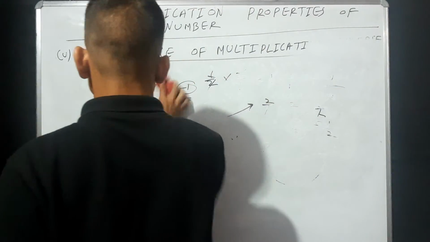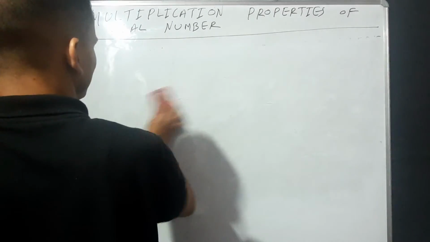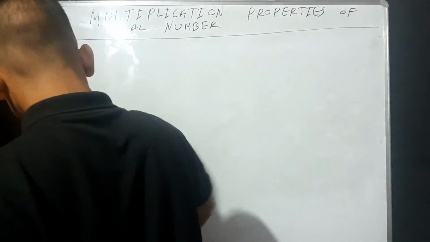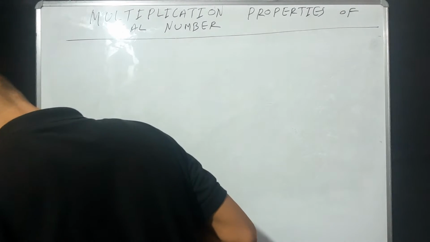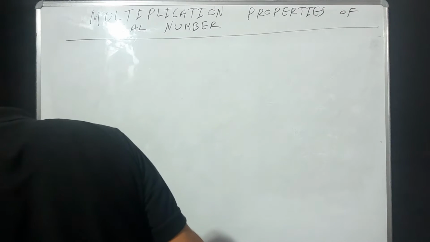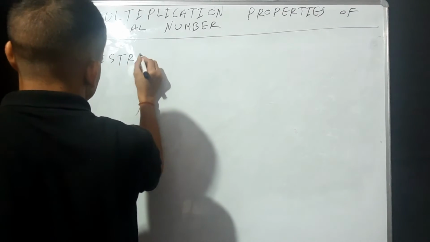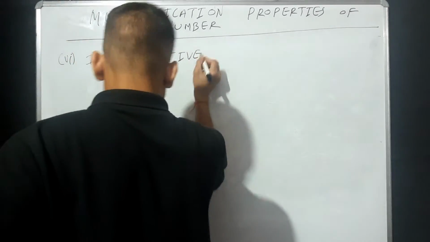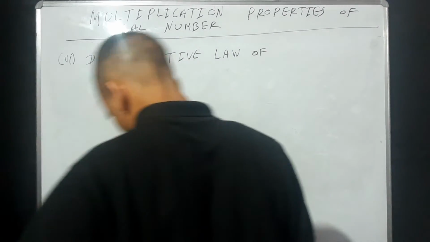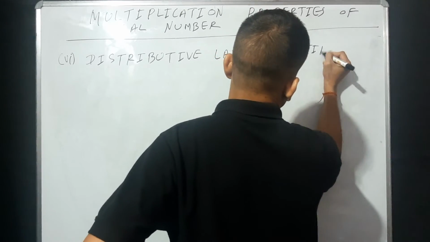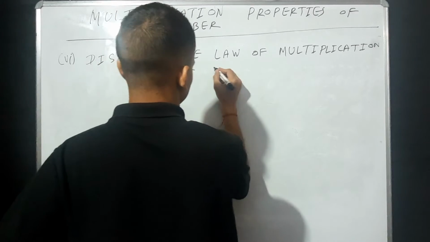Now we discuss the sixth property: distributive law of multiplication over addition.